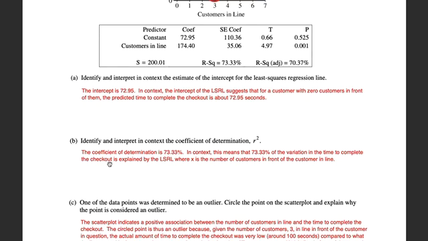It is not in the predicted, it's in the actual y values. Is explained, or you could say is determined by, the least squares regression line, or you could say the best fit line, the linear relationship, but then you should describe what x is, where x is the number of customers in front of the customer in line.